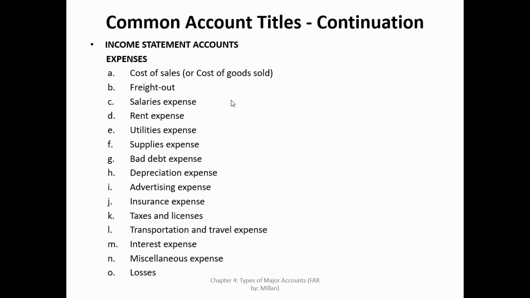Example, yung cost ng unused office supplies, asset yon under prepaid supplies. Yung cost ng office supplies na used na during the period is expense or supplies expense. So yan yung different types of major accounts.